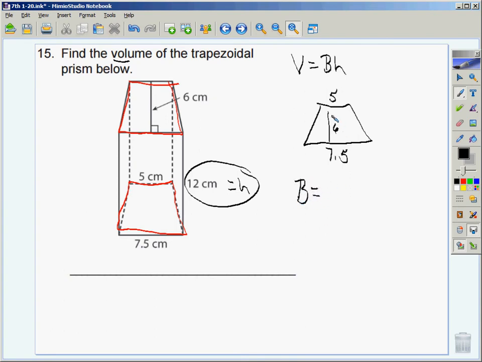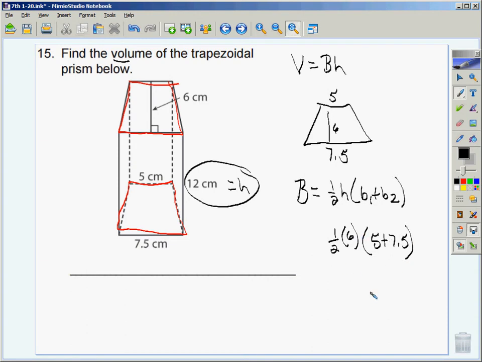How do I find the base area of a trapezoid? 1/2 h times the sum of base 1 plus base 2. So I'm going to take half of 6, the height of the trapezoid, and my two bases. Does it matter which order I write them down? No. 5 plus 7.5.